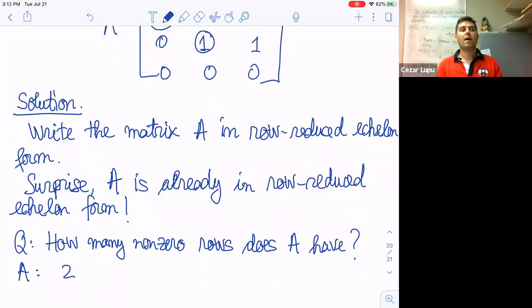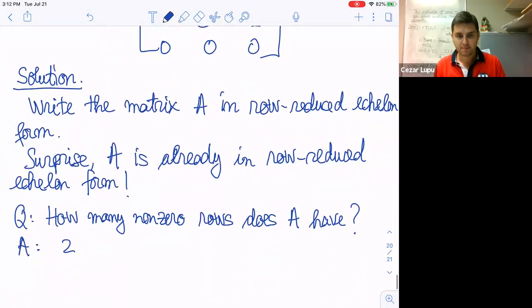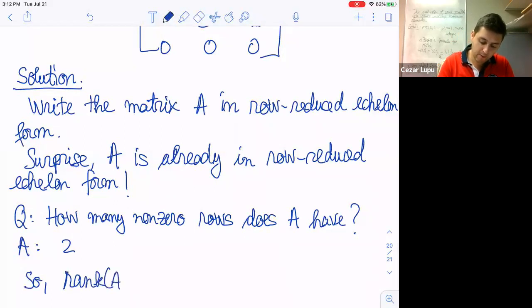So what does this imply? This means that the rank is what? The rank is 2. So rank A will be 2. Okay. This implies what?